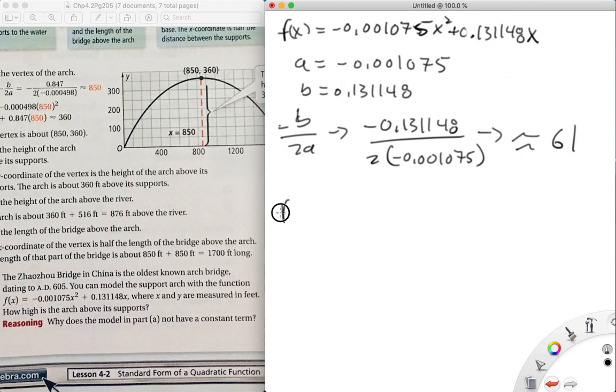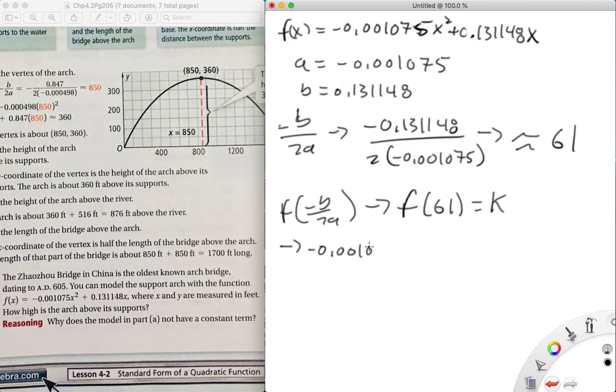So that's going to be f of negative b over 2a, which is f of 61. That's going to equal our k, or our height of the arc. So that's going to be negative 0.001075 times 61 squared plus 0.131148 times 61. Okay.